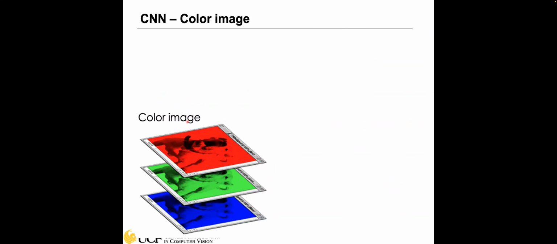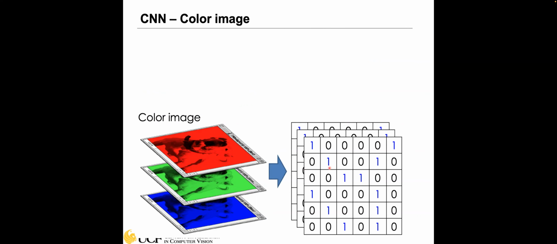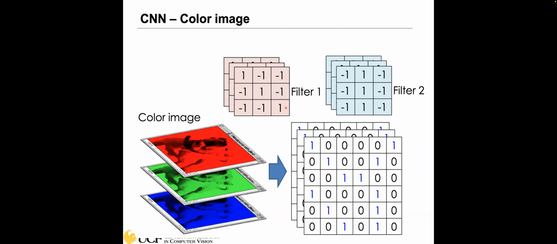Okay, so that one is very simple. So we have a 2D image, only a single channel, like a grayscale image. Typically, the natural images we are dealing with have 3 different color channels, RGB, red, green, and blue. So if we interpret this as a giant matrix with 3 different channels, correspondingly the filter will also have 3 channels so that you are able to operate on these different channel dimensions.